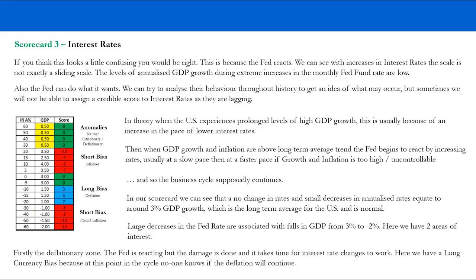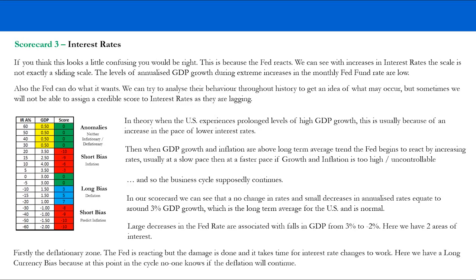And when GDP growth and inflation, for example, are above long-term average trend, the Fed begins to react by increasing rates, usually at a slow pace, then at a much faster pace if growth and inflation is too high or uncontrollable. And this is basically the Fed reacting to the business cycle.